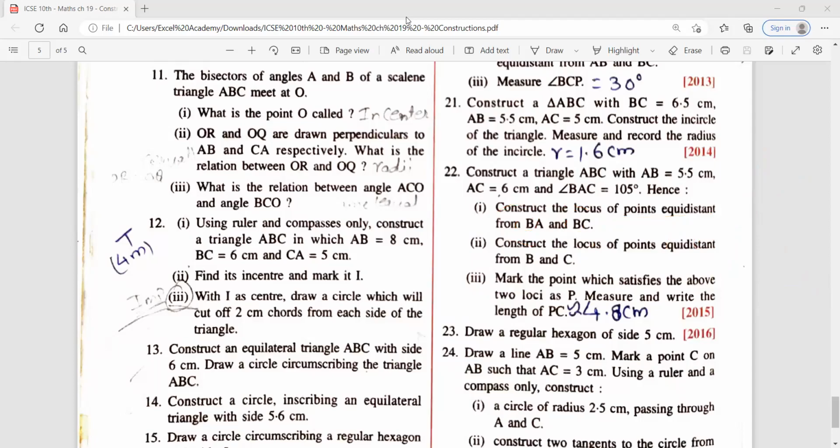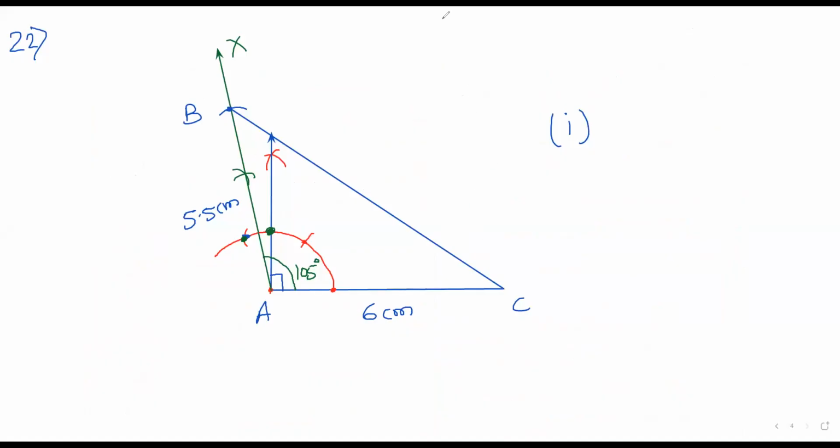So where is angle B? Find angle B. What do you need to do? Bisector. So keep the compass on B. Take sufficient radius, cut an arc on BC, same radius, cut an arc on AB. With those 2 arcs, and maybe the same radius also, cut an arc somewhere in the interior of the angle.